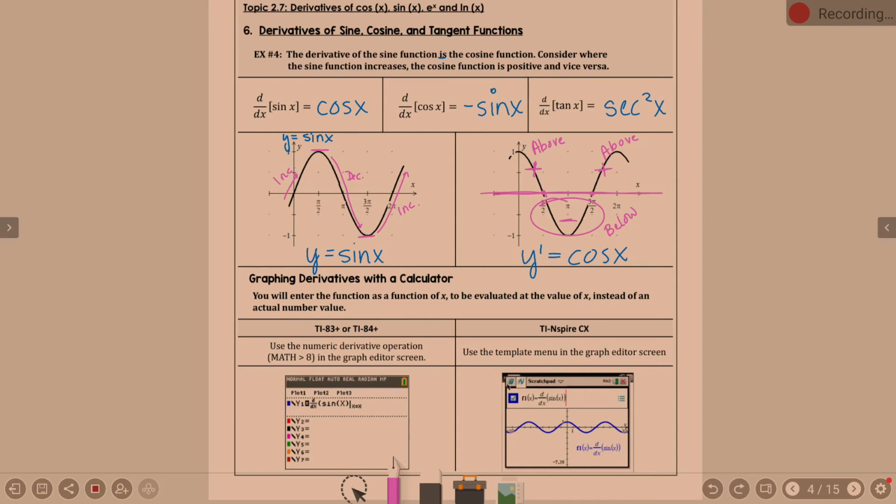When I graph that, it should have changed my zoom settings. I'm going to do a zoom trig. Notice, I graph the derivative of sine. What graph is it giving me? Cosine. And if you don't believe it, go down to y2 and type in cosine.